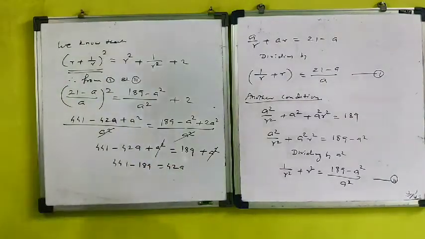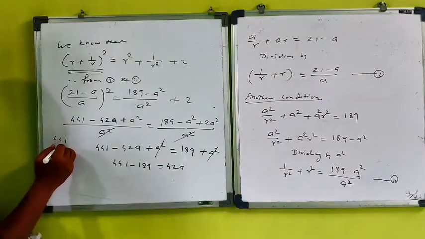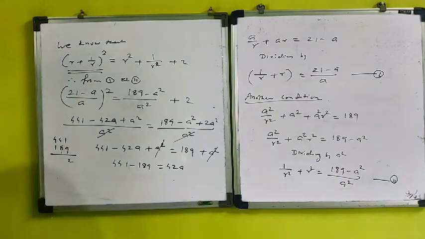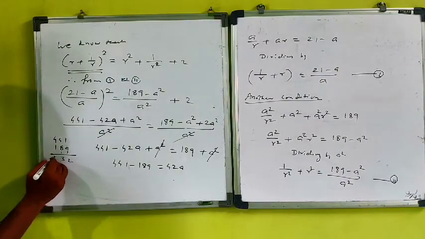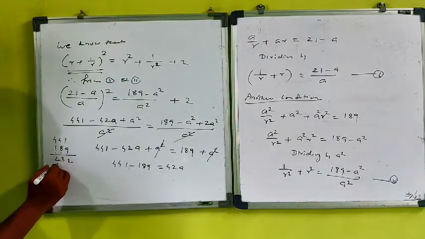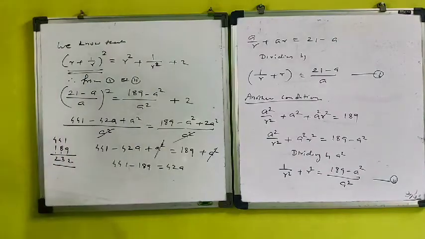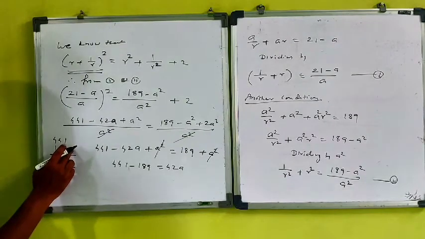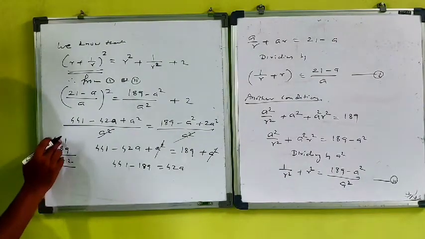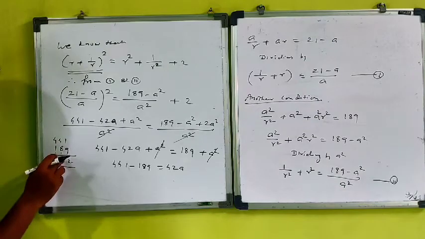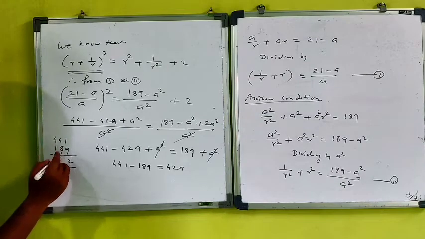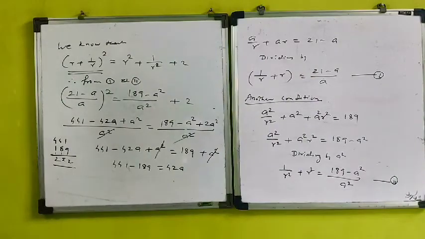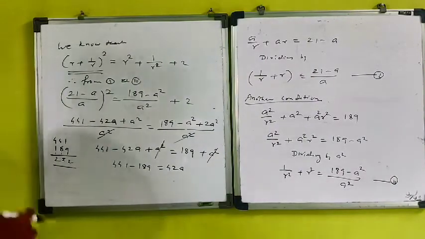So 441 minus 189, what is that? 11 minus 9 is 2, 14 minus 9 is 5. This is 252.